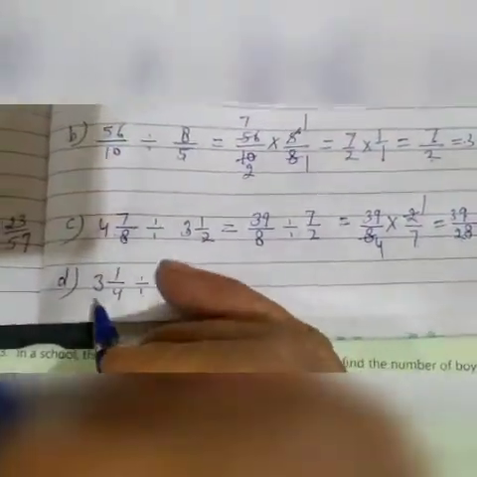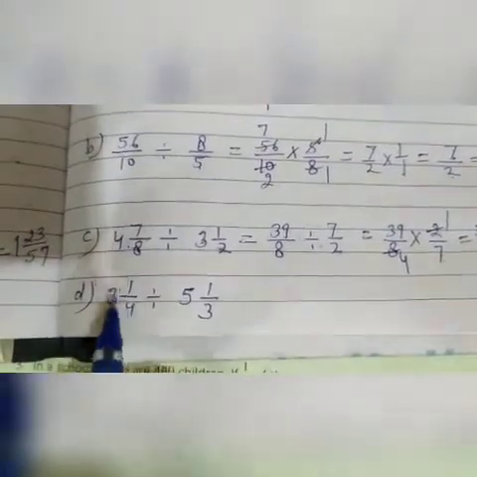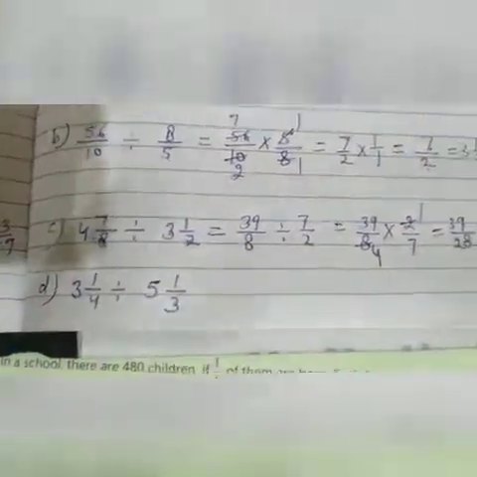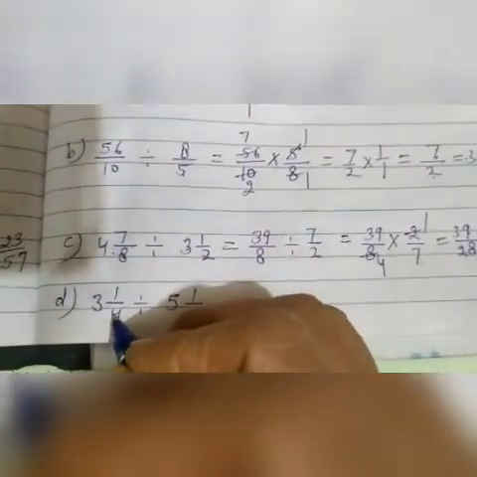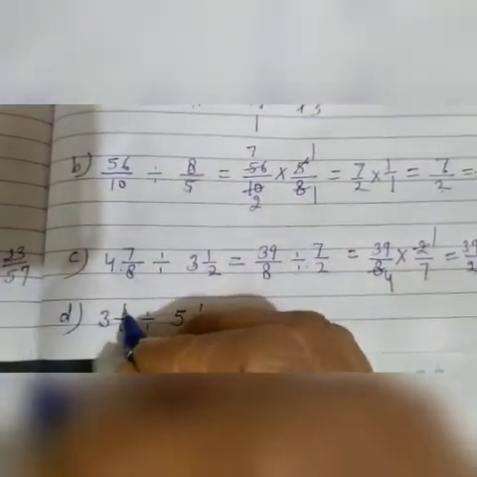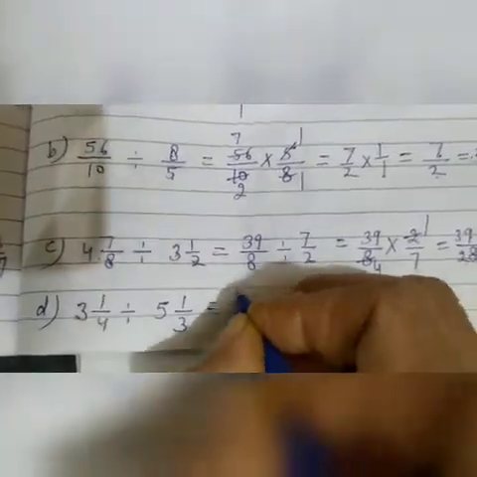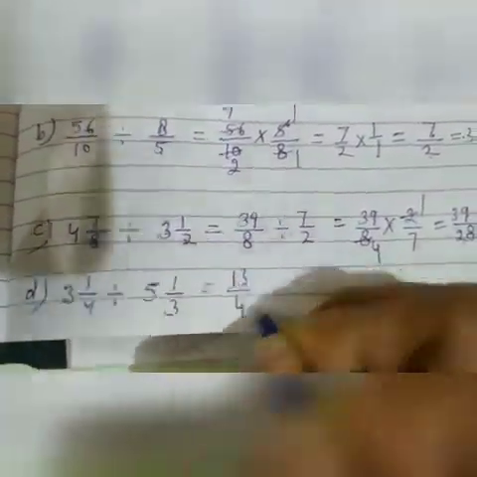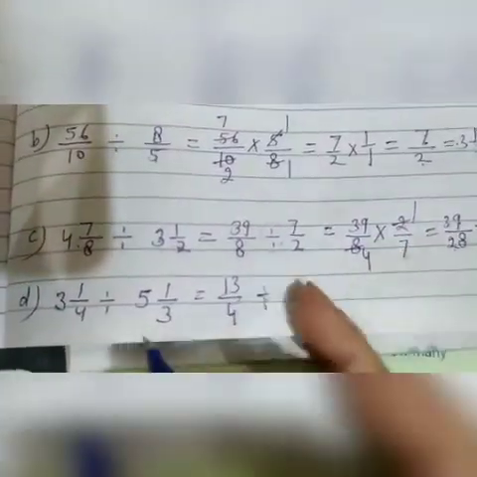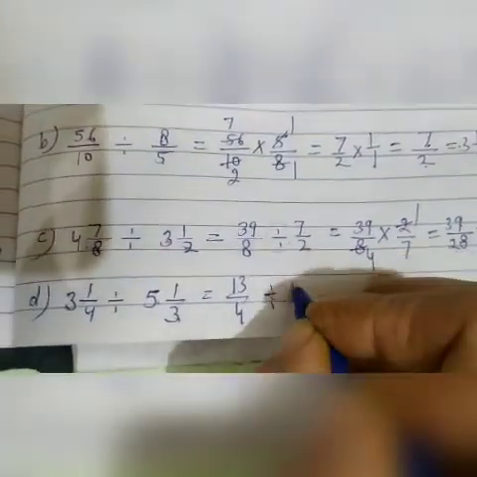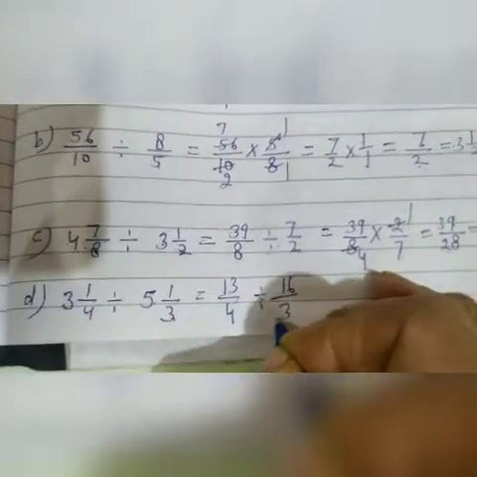Next and last part, same, both C and D are mixed numbers. First we will change this mixed number into an improper fraction. 4 threes are 12, 12 plus 1 is 13, 13 upon 4. Again divided by 3 fives are 15 plus 1, 16 upon 3.